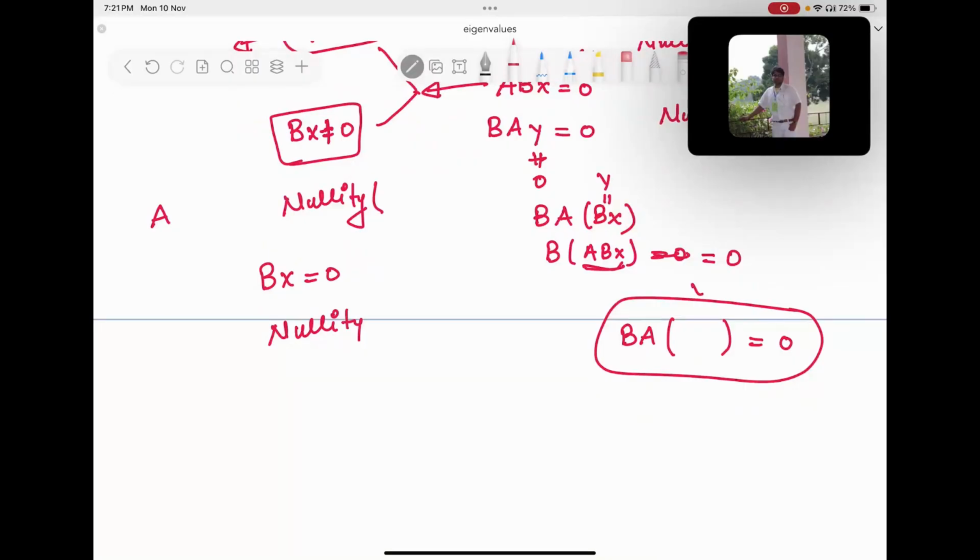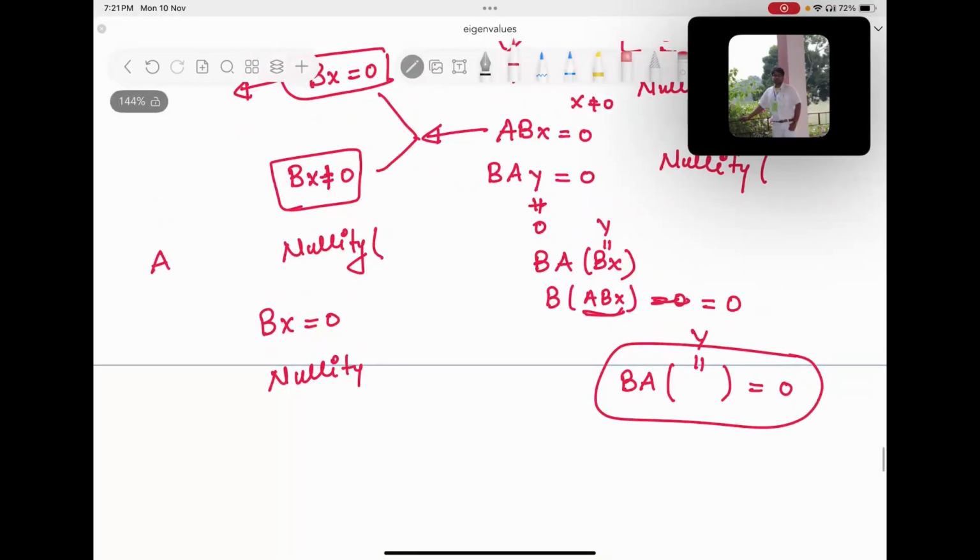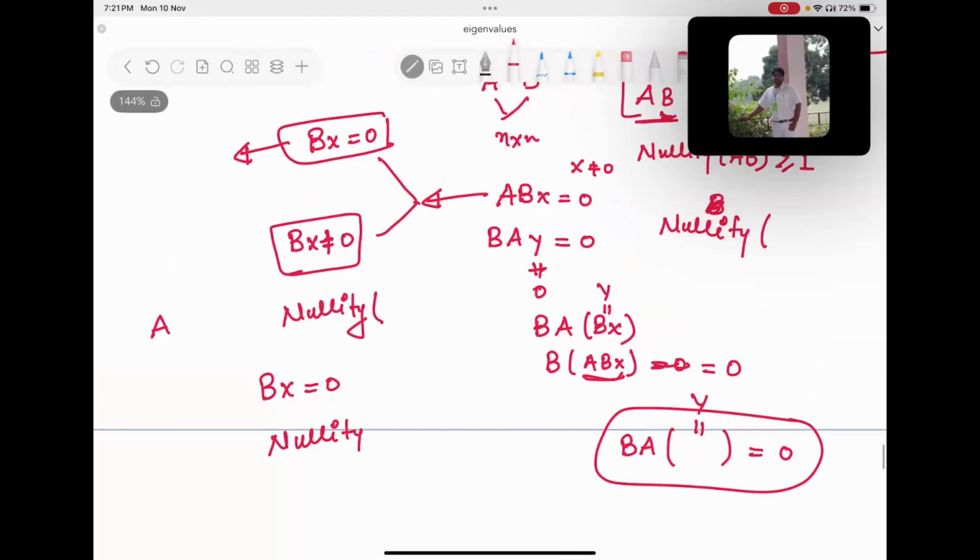Maybe you need to find this y only. This is the left, so it means you have to make some combination here. Which combination will work here, that we will need to find.